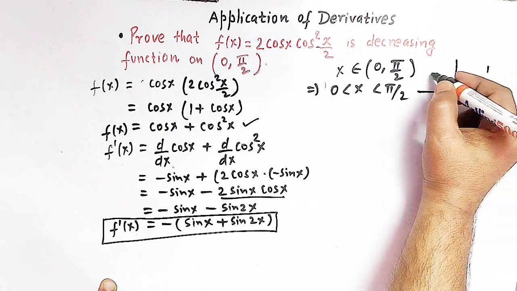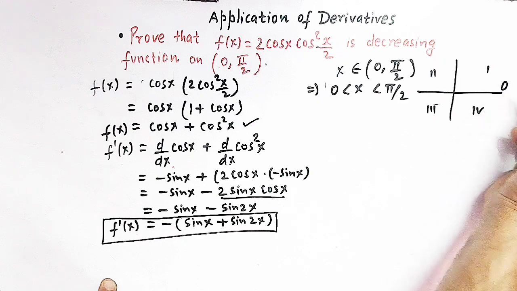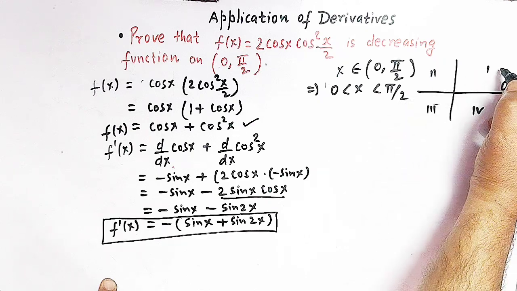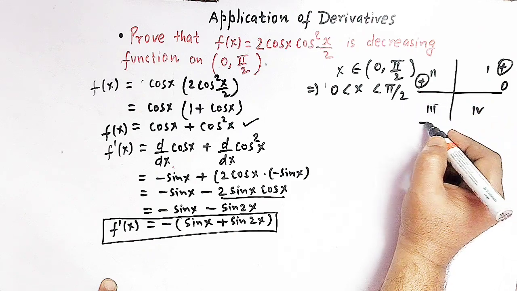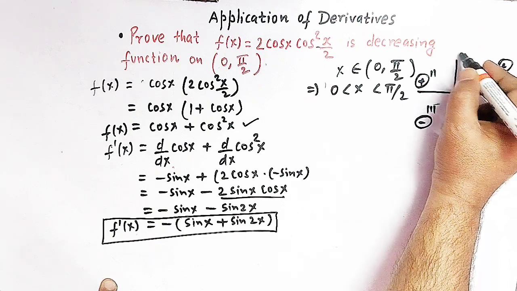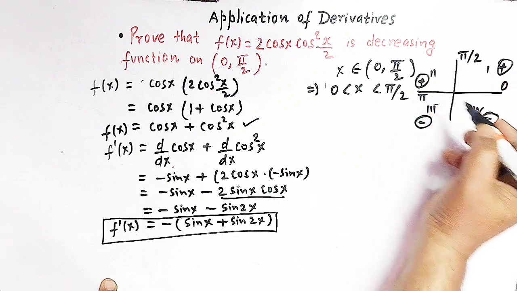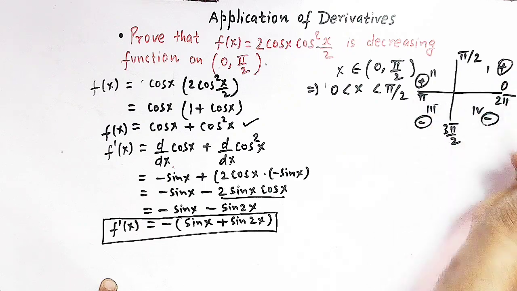the first quadrant, right? And from trigonometry we know that the sine function is positive in the first and second quadrant, and it is negative in the third and fourth quadrant. So here we have pi by 2, here we have pi, this is 3 pi by 2, and here we have 2 pi.